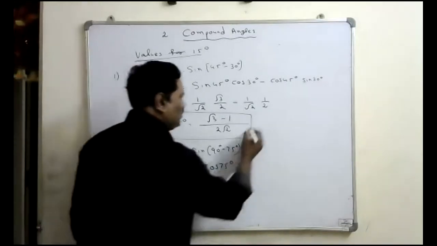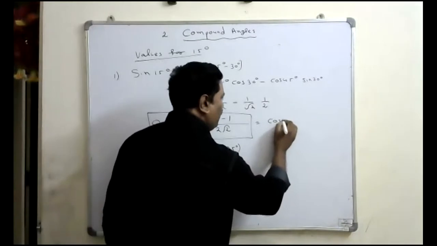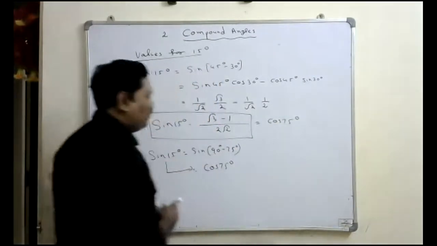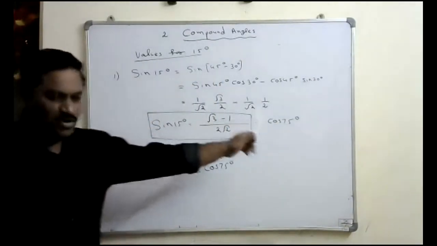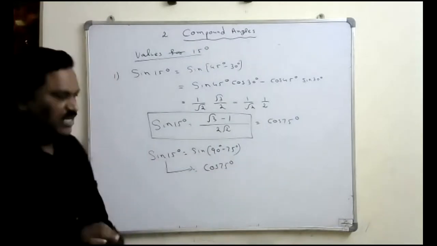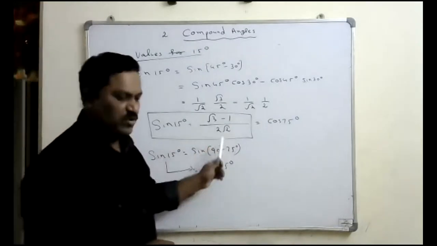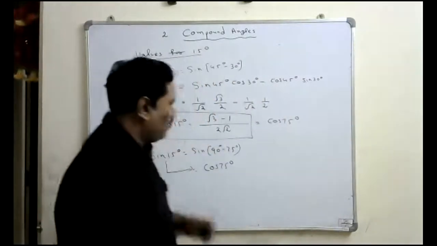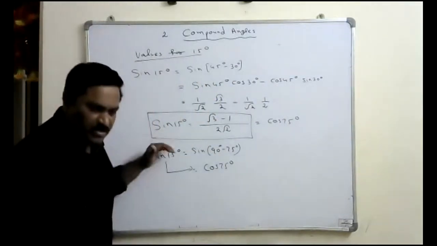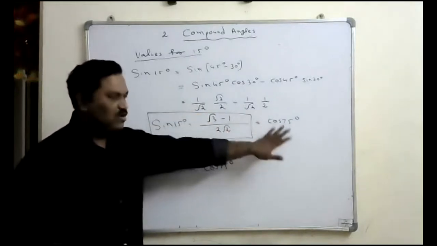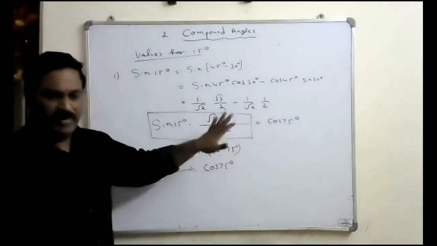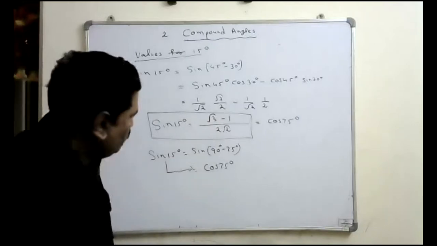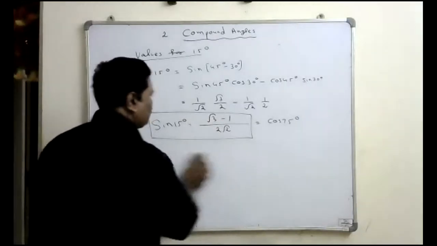Both are equal to root 3 minus 1 by 2 root 2. Sine 15 degree is root 3 minus 1 by 2 root 2, and cos 75 is also root 3 minus 1 by 2 root 2. This is a value you have to remember. So take this.